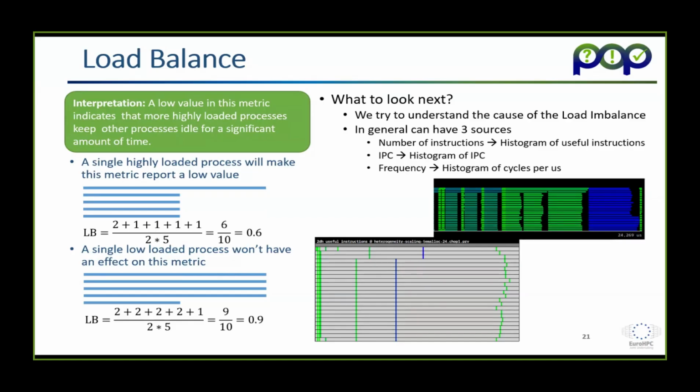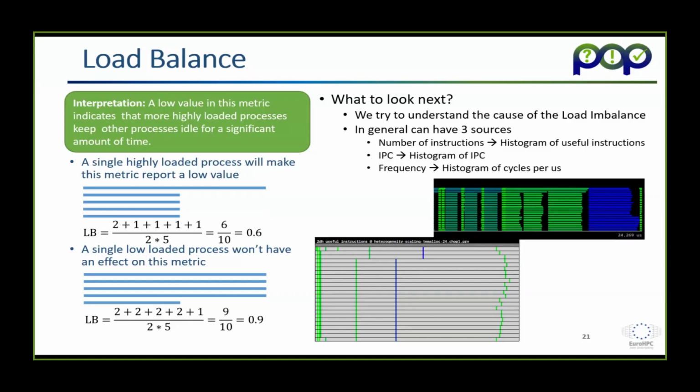What do we look at next when we see a problem in load imbalance? Load imbalance means that one process is computing more time than the others, and the compute time is defined by three factors: number of instructions, IPC (instructions per cycle), and frequency. The product of these three gives us the compute time. So the only thing I need to do is find out which of these three is giving me the load imbalance.